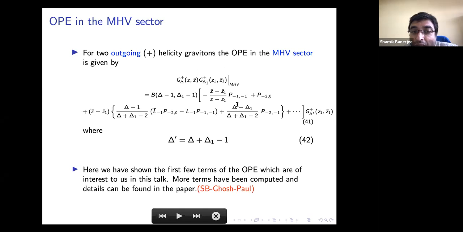You can see P minus 2 comma 0 and P minus 2 comma minus 1 are the supertranslation generators. This OPE contains these descendants: P minus 2 comma 0 acting on G plus delta prime, P minus 2 comma minus 1 acting on G plus delta prime, and things like that. There are an infinite number of terms, and all of them can be computed from the algebra in the standard way.